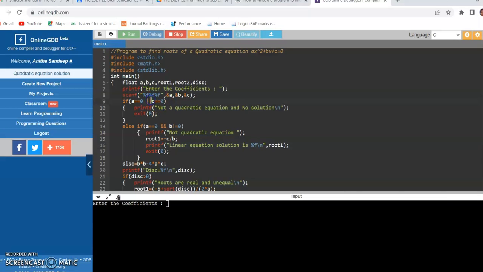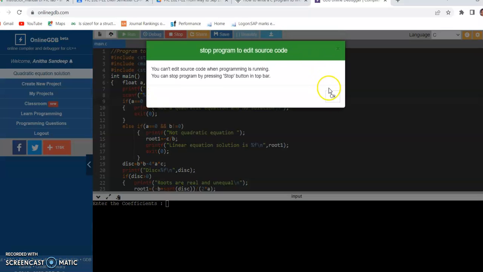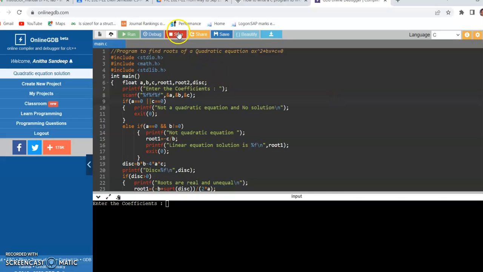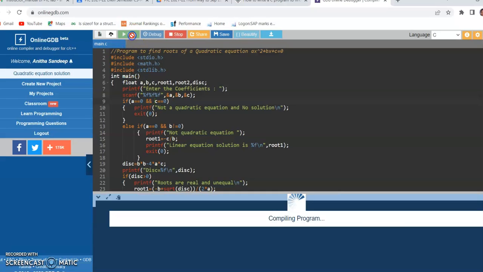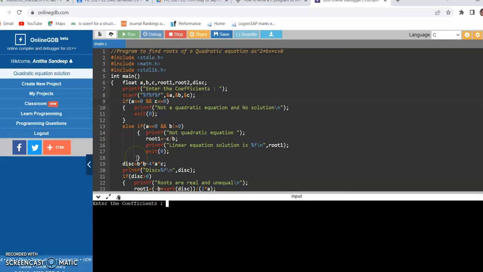The first case is a equal to 0 and c equal to 0, both are 0. When a is 0 as well as c is 0, it's not a quadratic equation. 0, 6, 0. So not a quadratic equation, no solution.